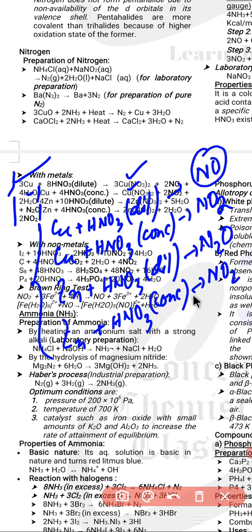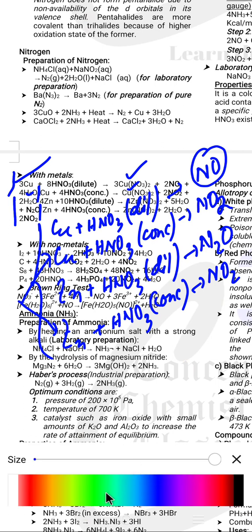So let me make these reactions easier. With concentrated HNO3, the oxide produced is nitrogen dioxide, right? In both cases, nitrogen dioxide is produced with concentrated HNO3, while with dilute HNO3, copper produces nitric oxide, while zinc produces nitrous oxide.